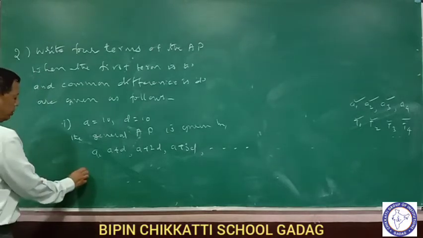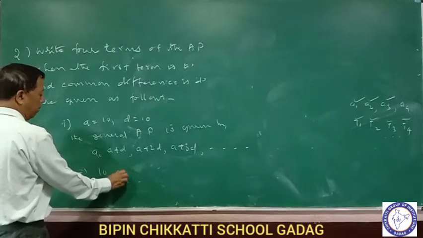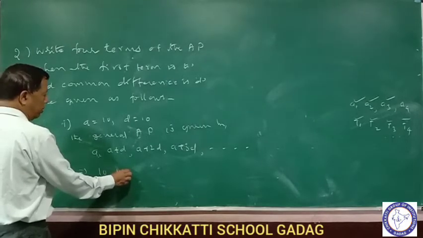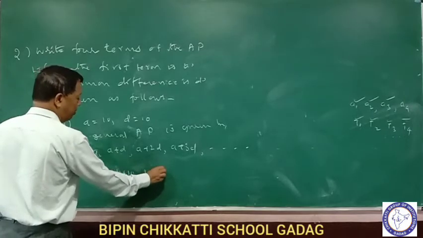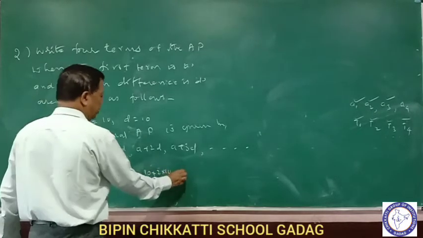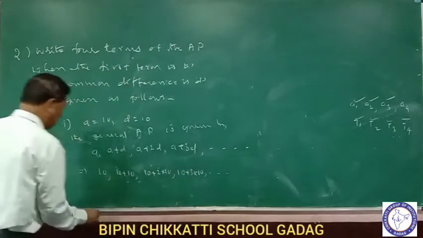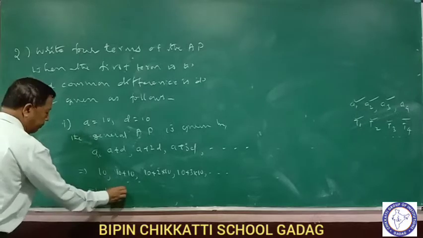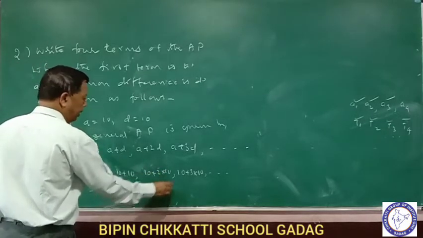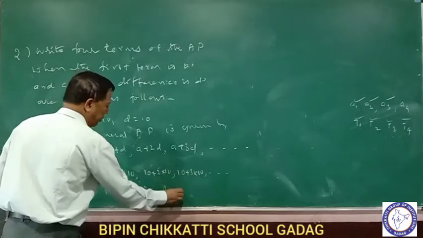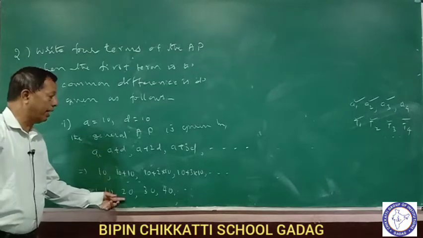The first term is 10, the second term is 10 plus 10, the third is 10 plus 2 into 10, and the fourth is 10 plus 3 into 10. This gives 10, 20, 30, 40. So the 4 terms are like this.